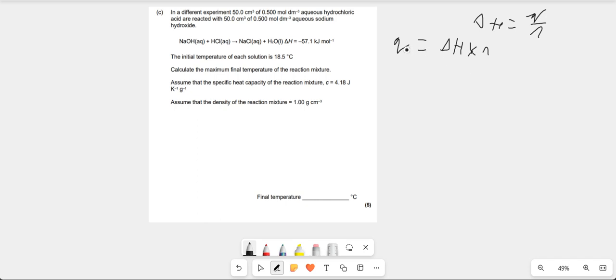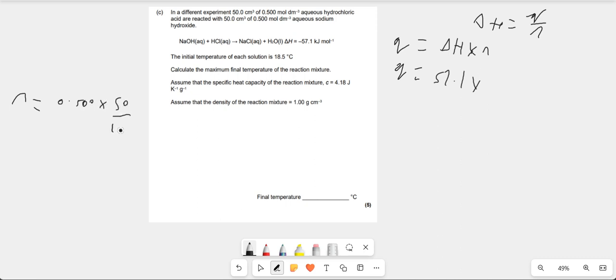Alright. So what we want to do here is find Q. Therefore Q is equal to 57.1 times the moles. We don't know the moles though, so let's find the moles. The moles of whatever it is is going to be equal to the concentration times the volume. The concentration of both is 0.500 of reactant. So 0.500 times the volume, but the volume needs to be in dm cubed.